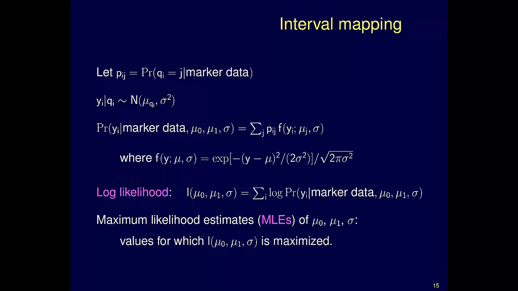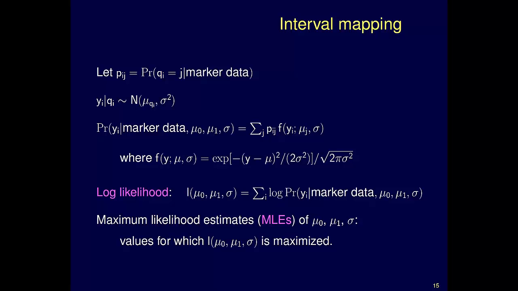More formally, for individual i, we know the probability it has QTL genotype j given its available marker data. And we have this model that the phenotype for individual i, given its QTL genotype, follows a normal distribution with mean depending on QTL genotype and some common variance.